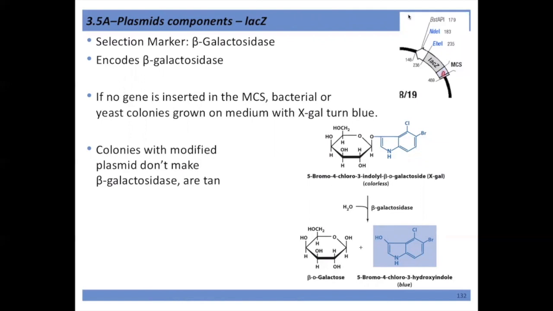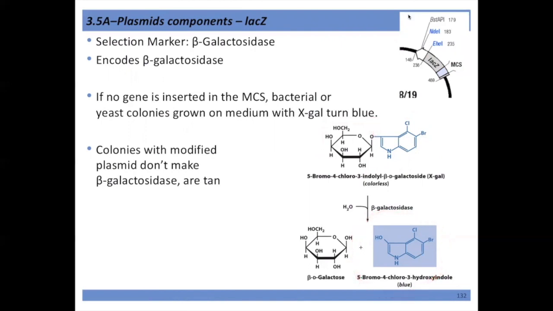Okay, so let's talk about how you know that you've inserted the DNA. In there is this LacZ gene, and it makes beta-galactosidase, an enzyme that cleaves this molecule right here. If I don't insert DNA, it makes the enzyme that cleaves this, and when it cleaves it, it turns blue.